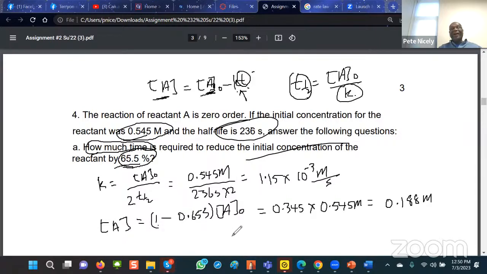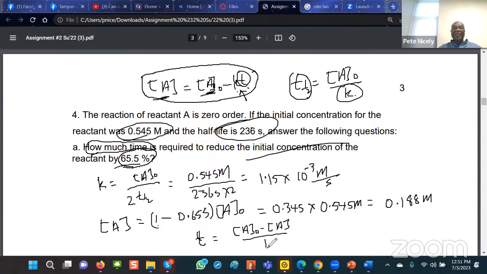So after doing that, we can now determine what T is. Now remember, this is the relationship that we're working with. We need to solve for T. So I would rearrange this to get T equal to the concentration of A0 minus the concentration of A, divided by K. And then all I would do is put the numbers in.